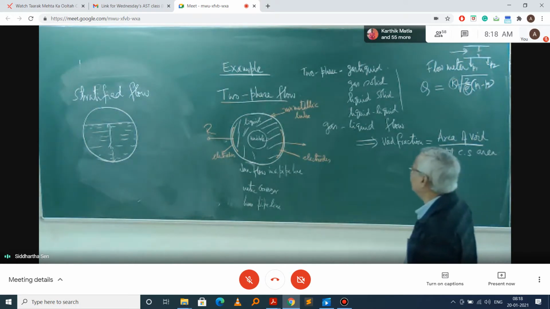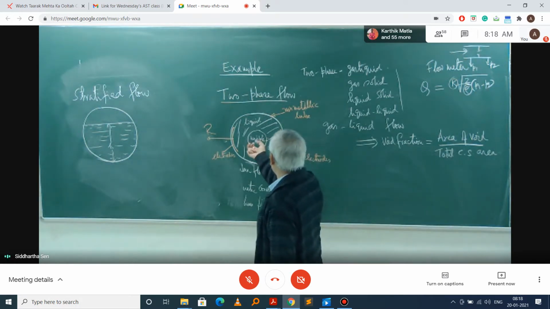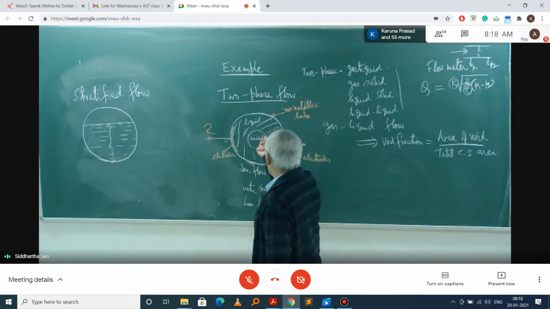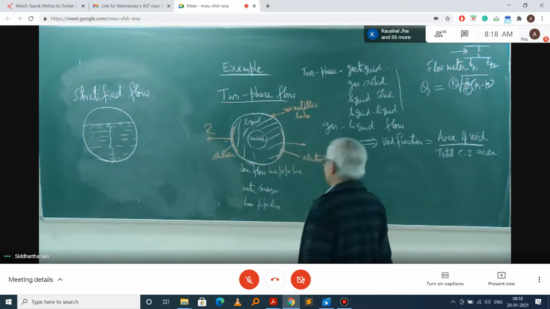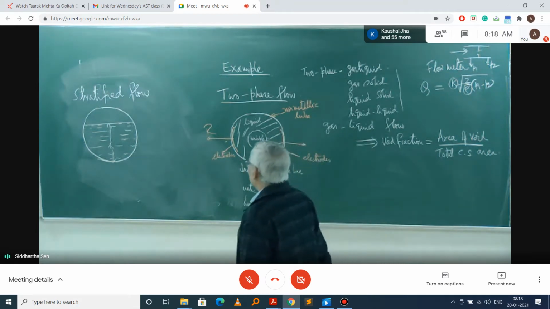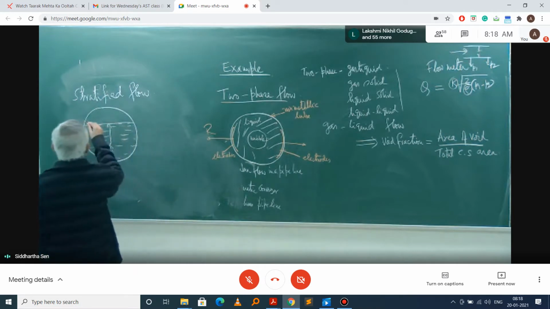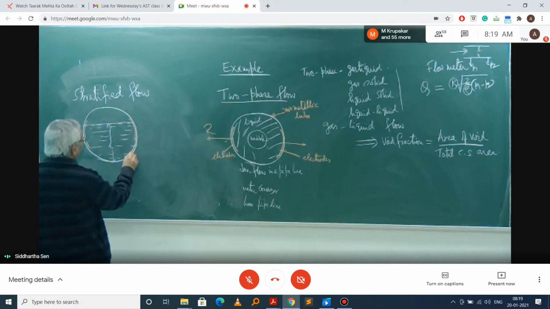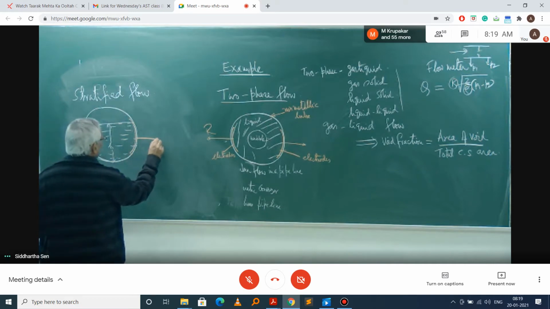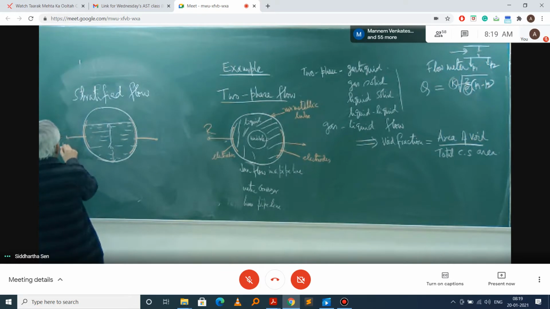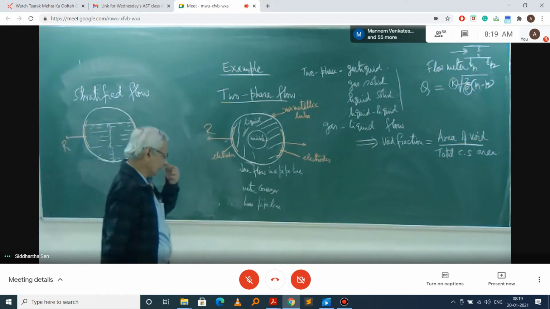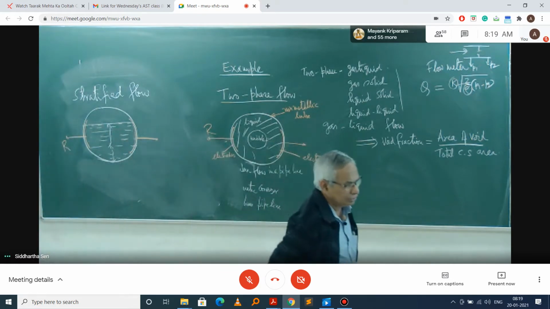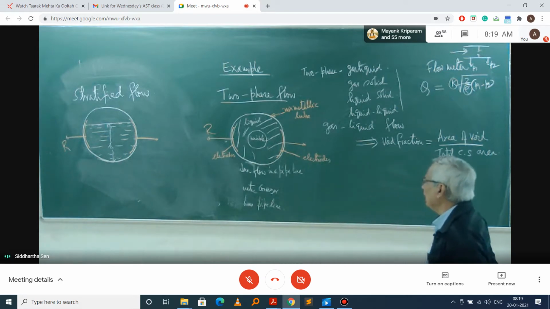So what will happen, depending upon the size of the bubble and obviously its location, this resistance and capacitance will change. Similarly, depending upon the height of the liquid, which we want to measure underground from outside, these two values of the resistance between them will vary with the height of it.